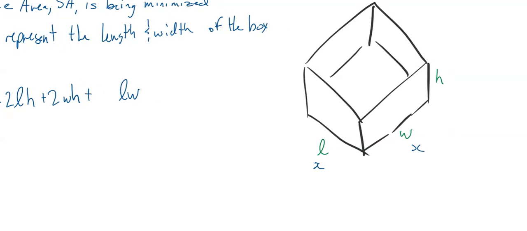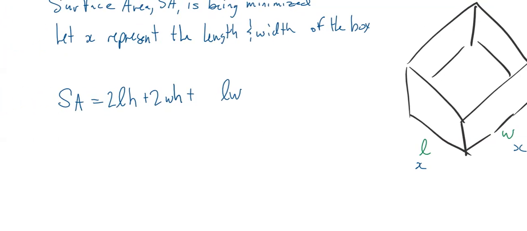And just to stay in that same sort of pattern, we'll call the height y, but you could call it h. H would be good too. Let y represent the height of the box.